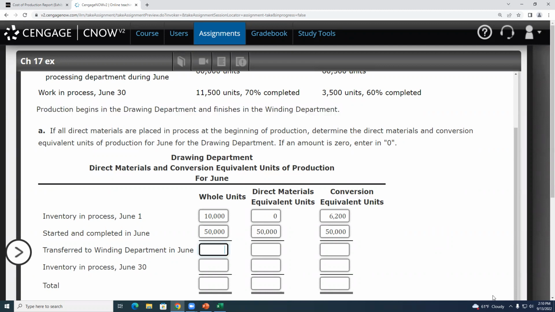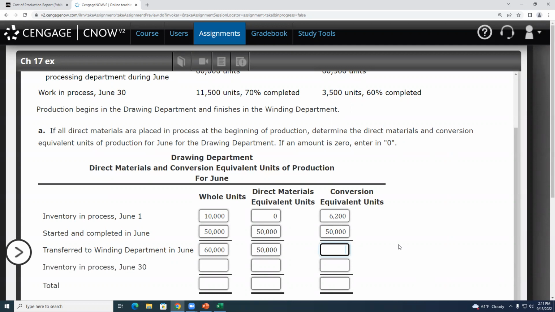And so what did we transfer to the winding department in June? The 60,000 units we finished. That includes the ones we started in the previous month and just completed this month. And it includes all the ones that we started and completed. How much cost did we add this month? Well, we added only 50,000 units of direct materials cost because the 10,000 that we started in May, those costs were added in May.